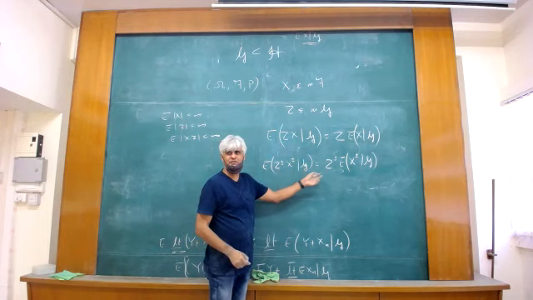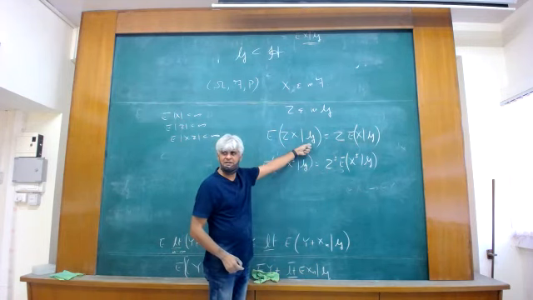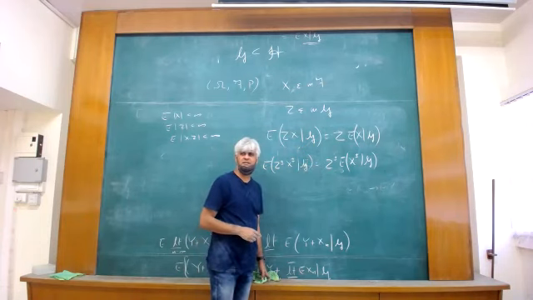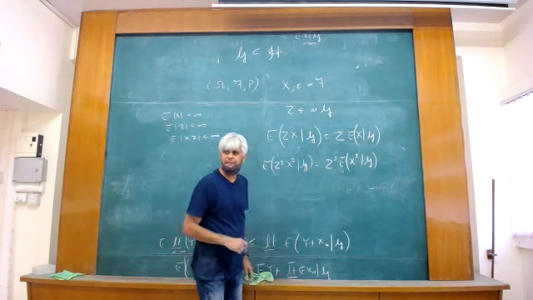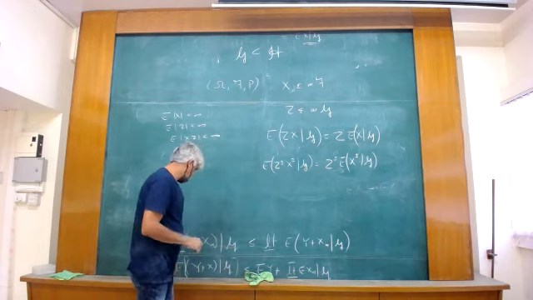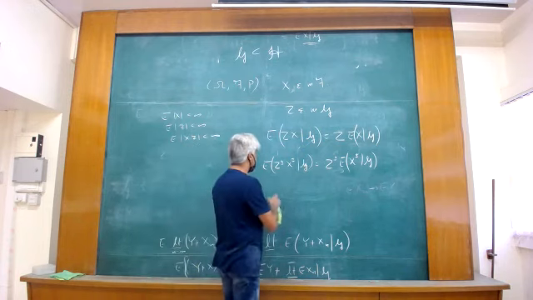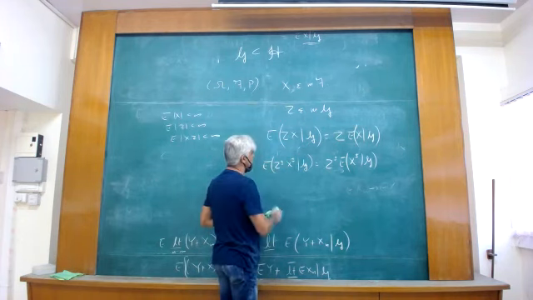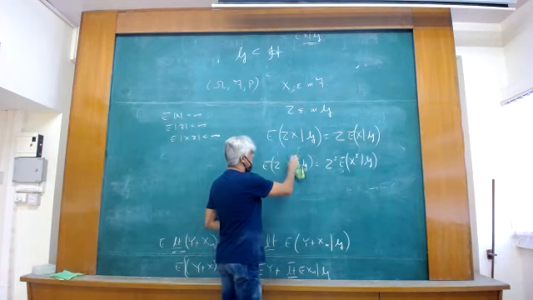If I can show this, then the general case will follow, because it can be expressed in terms of these things. Hence it suffices to consider Z and X as non-negative.